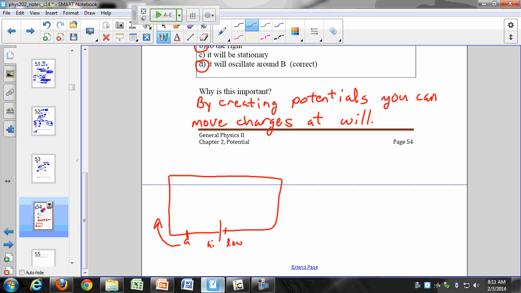If I call this point A and this point B, the potential V versus X will look like this, because I'm moving a charge from a high potential to a low potential. Now that assumes what type of particle? What type of particle moves from high to low? Positive, yeah. So we know that in circuits actually it's not positive particles that move through the wire, but when we talk about circuits, we think of them as positive particles.